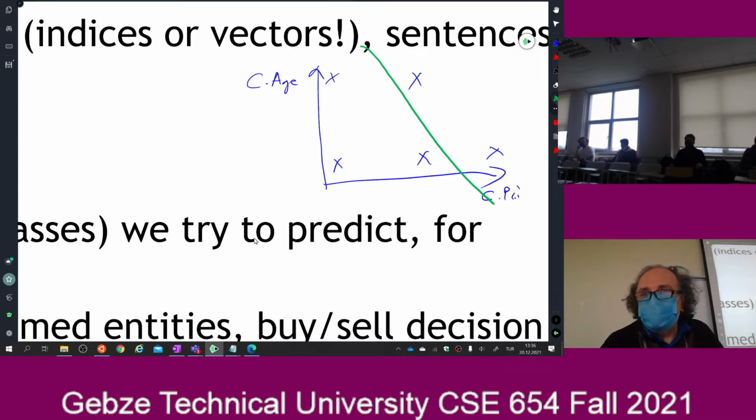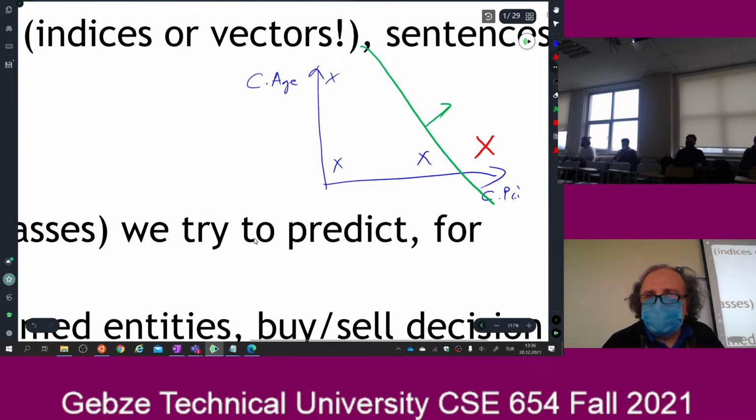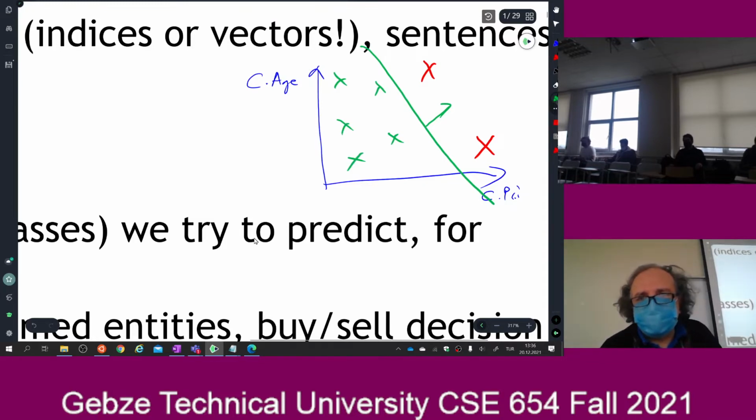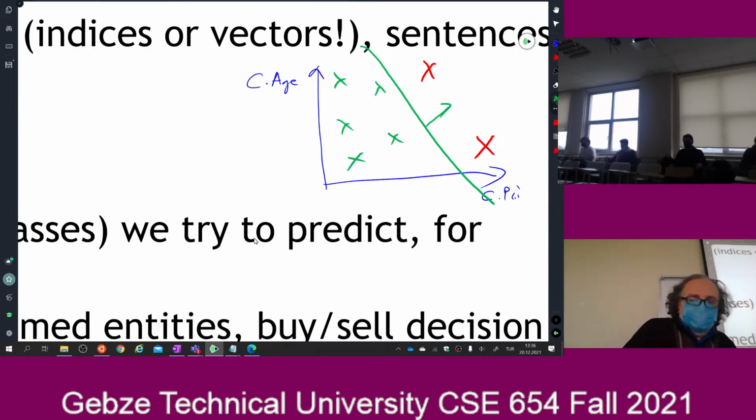The ones that are not going to be sold I'm going to make red, and the ones that would be sold would be the green ones.